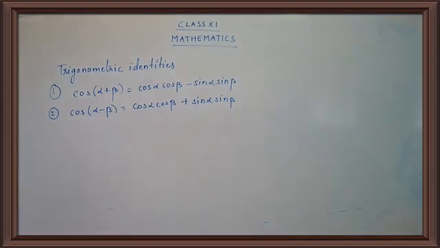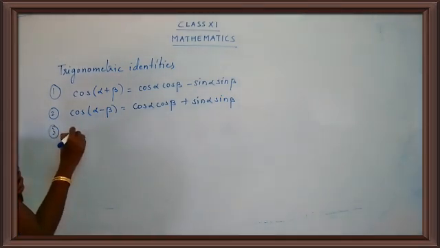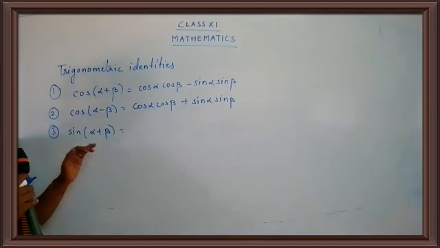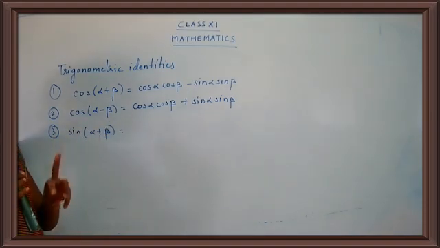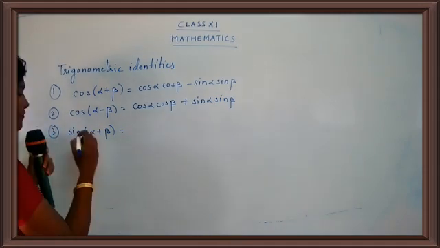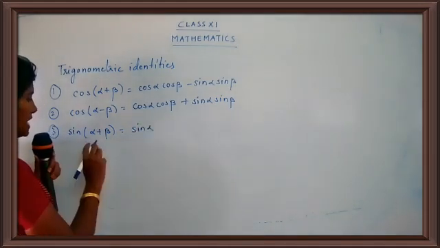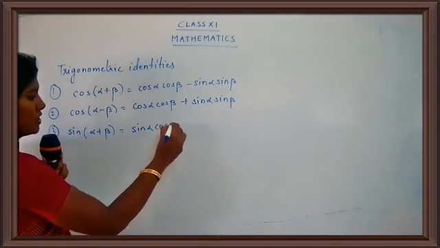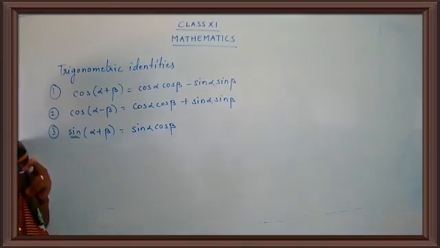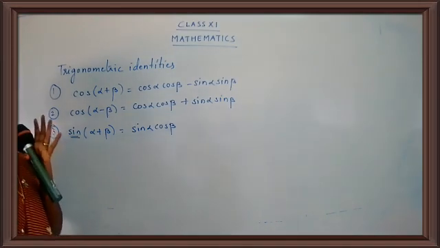Okay. Now let's come to the third identity. It's sine of alpha plus beta. What is sine of alpha plus beta? And when you have sine, you have to take two functions together, like sine cos, sine cos. So here you have sine alpha, first you take sine alpha cos beta. When you are dealing with sine, the sign remains the same. Very simple thing to remember.